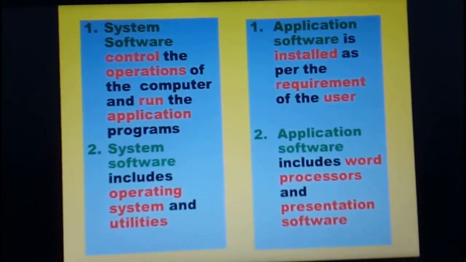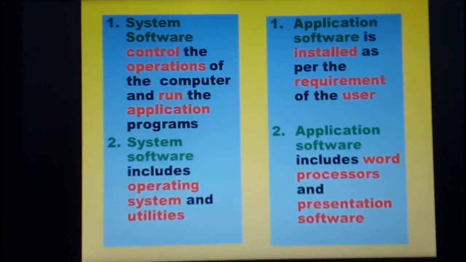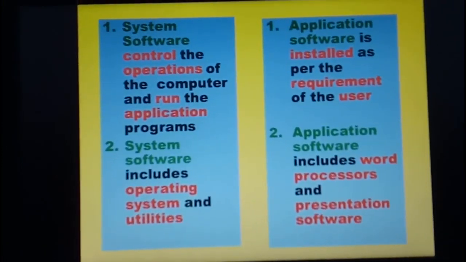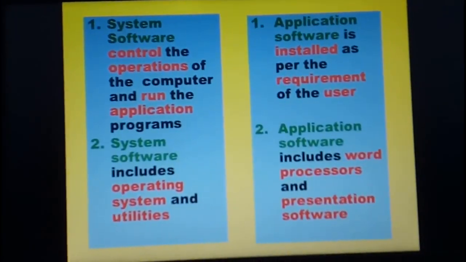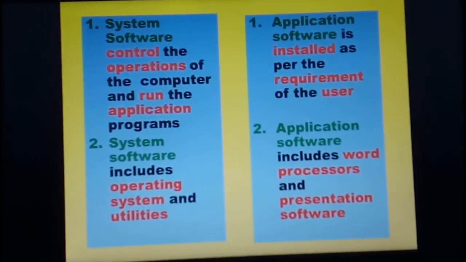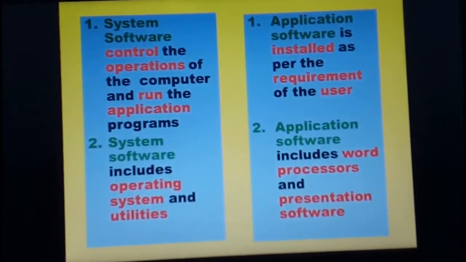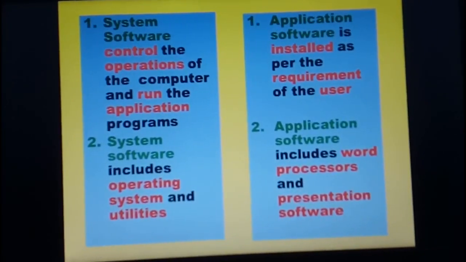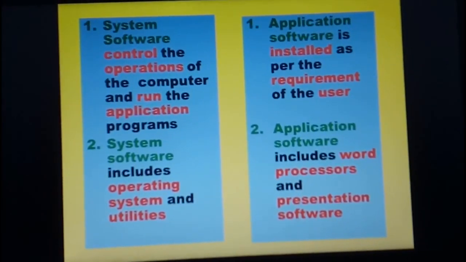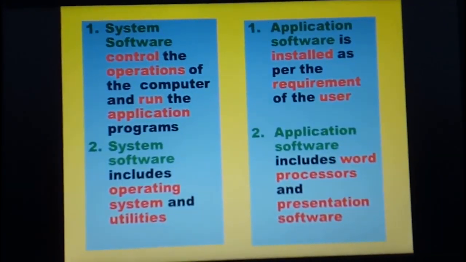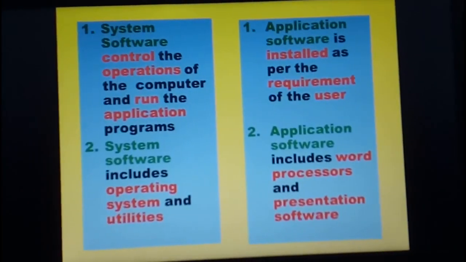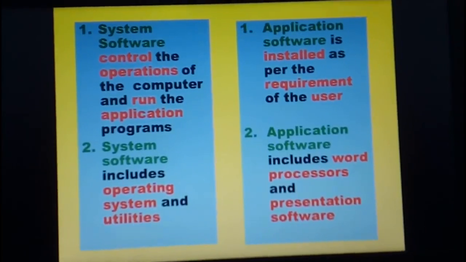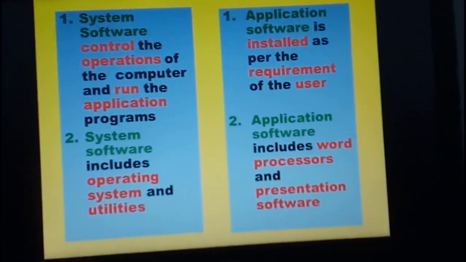Somebody like Rosie Miss would be having MS Word in her computer because she does a lot of typing. On the other hand, in our accounts office, they will be requiring something like MS Excel because they have to do a lot of calculations. System software includes operating system and utilities. Application software includes word processors and presentation software and many more.